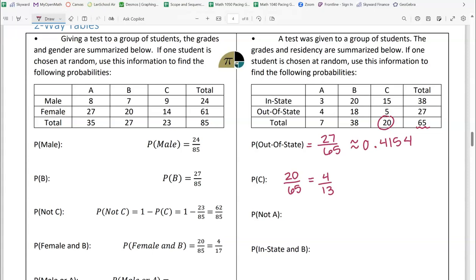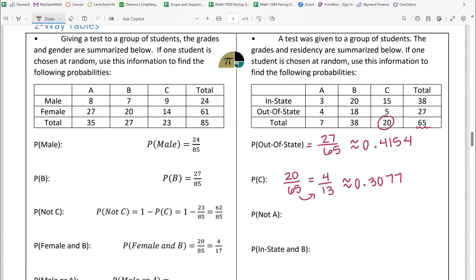If we change that to a decimal, that's going to be 0.3077. Again, you can just type these in your calculator. Don't forget you can simplify using your calculator. Just type in the original and then hit math, enter, enter, and that should get you the simplified version.